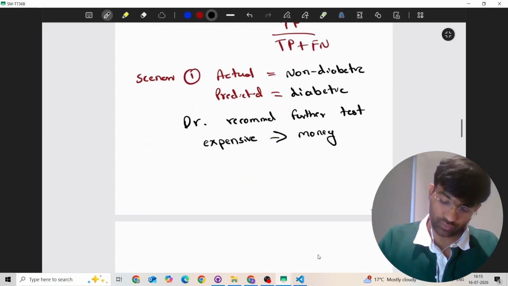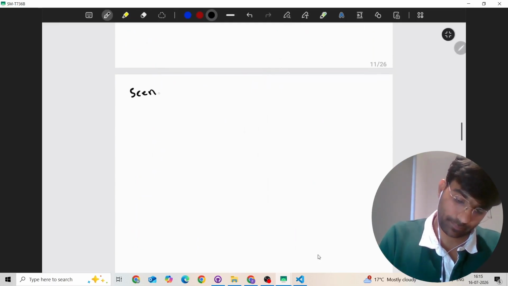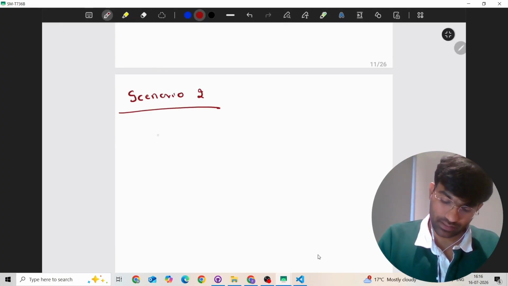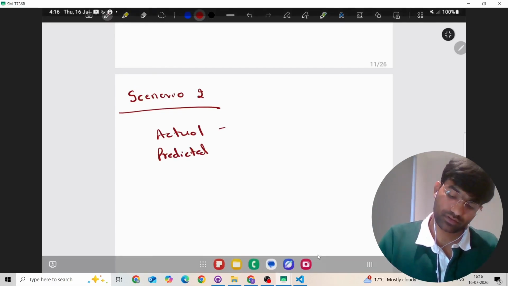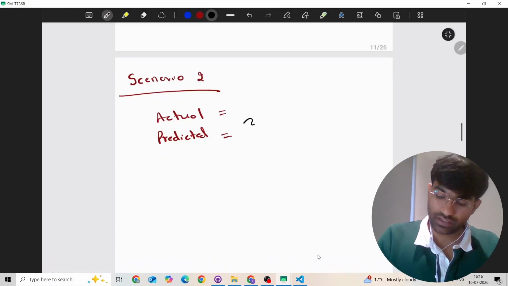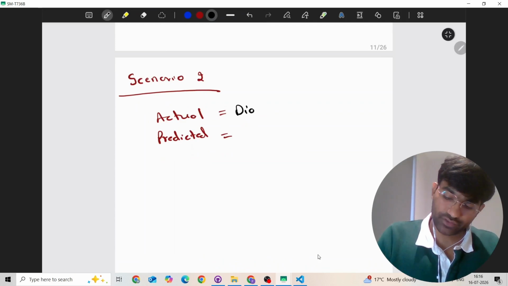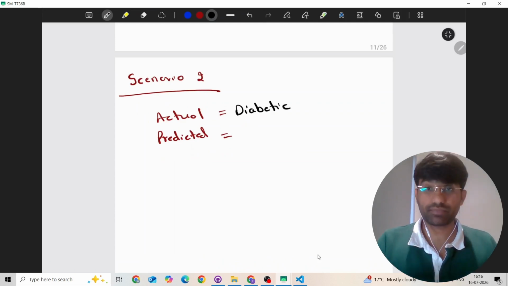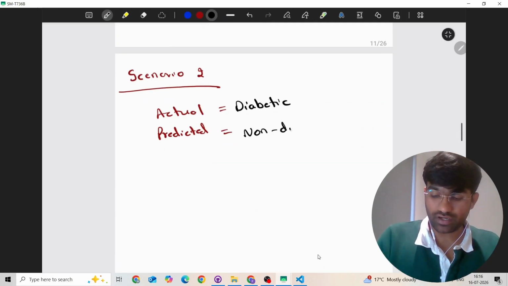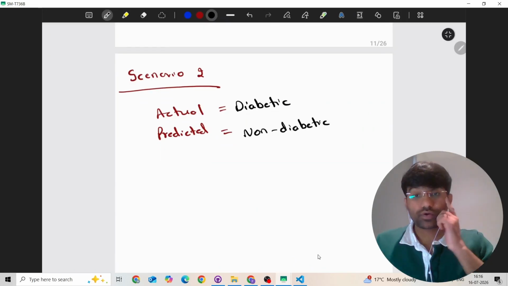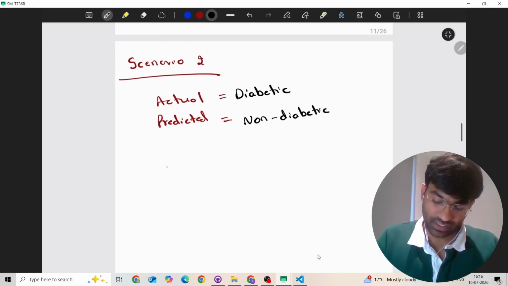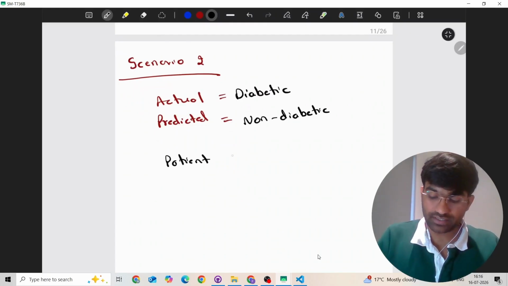But in scenario 2, the actual patient is diabetic, but your machine has predicted non-diabetic. What will happen in this scenario? The patient will not get the treatment.